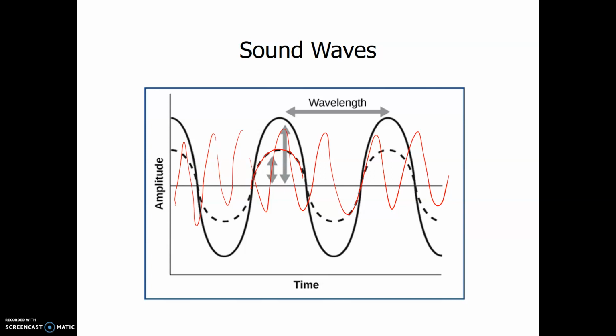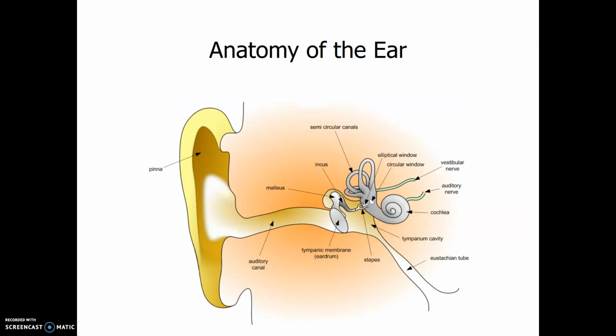A slower frequency, like the dashed and solid black lines already drawn there, is a lower pitch. So high pitches are high frequency, and low sounds are low frequency.